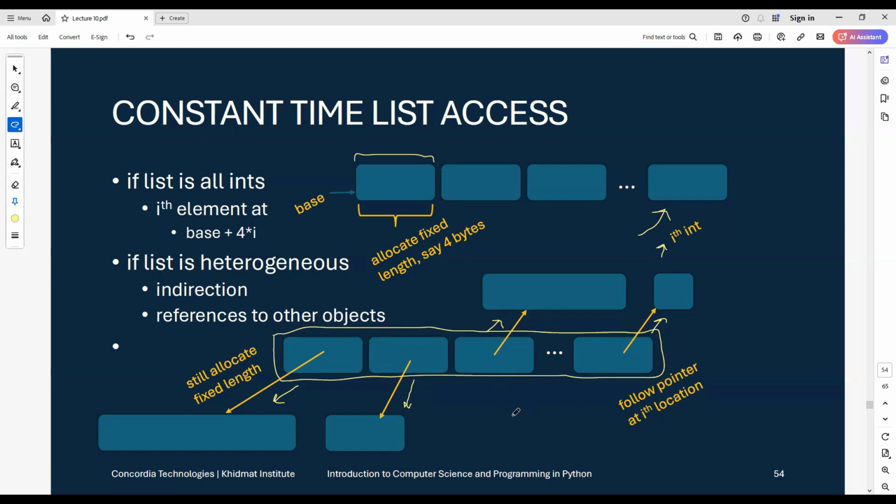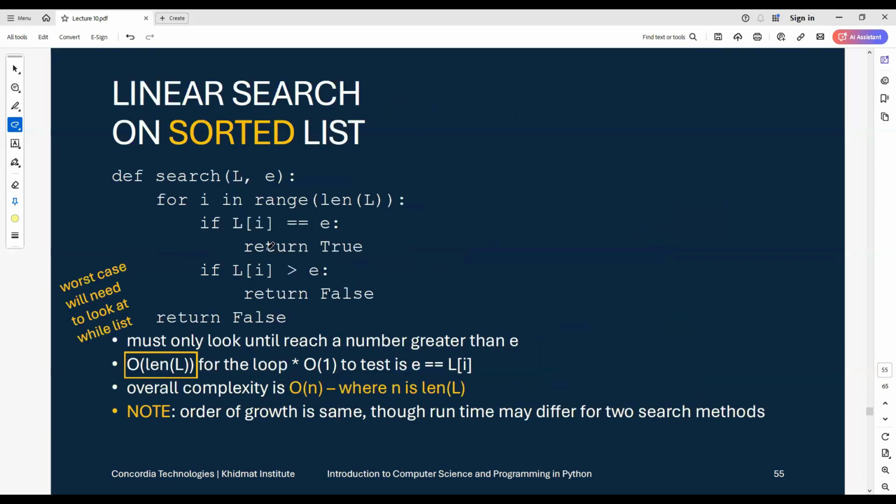So if we know at which position the element is, we can simply multiply that by the number of bytes it takes to store a pointer. We can get to that place and then get the element which is being pointed to by that pointer. So accessing elements within a list still takes a constant amount of time. That was just one extra bit of information so that we don't have to worry about how much time is being taken for us to get to the ith element of L, for example. That's constant time.